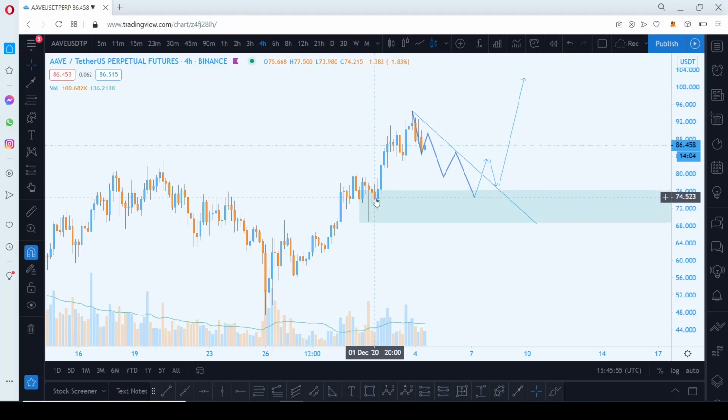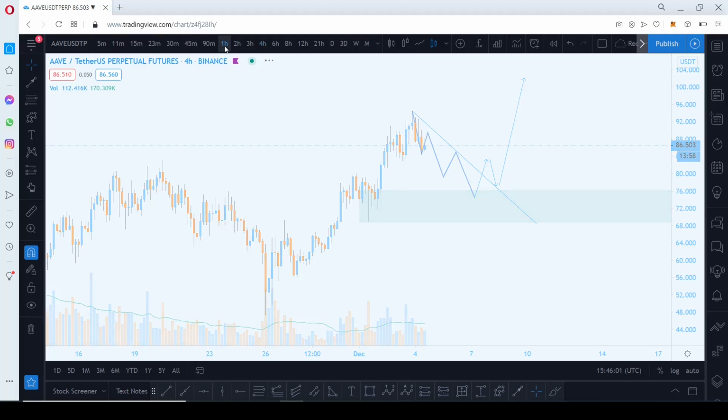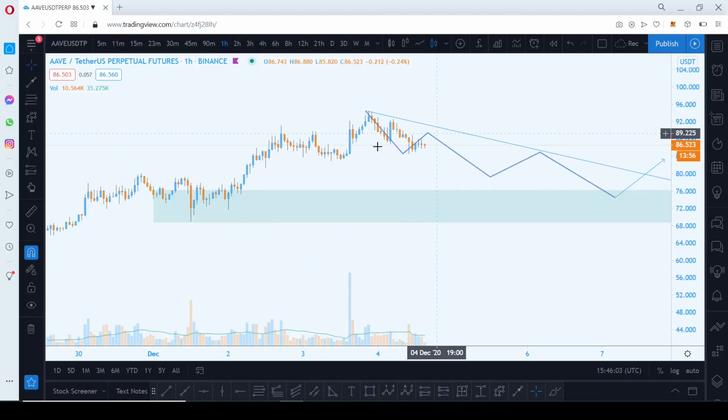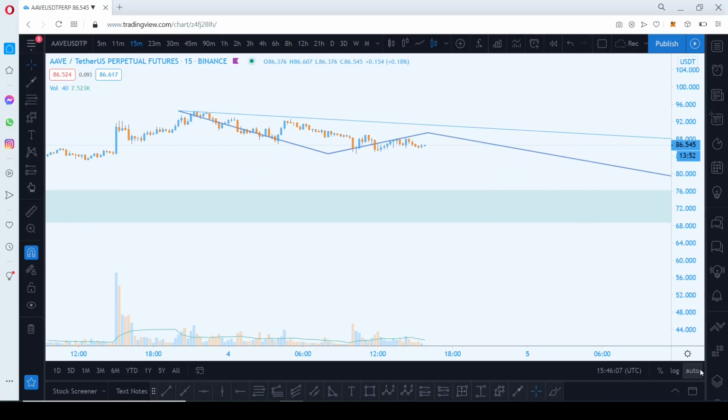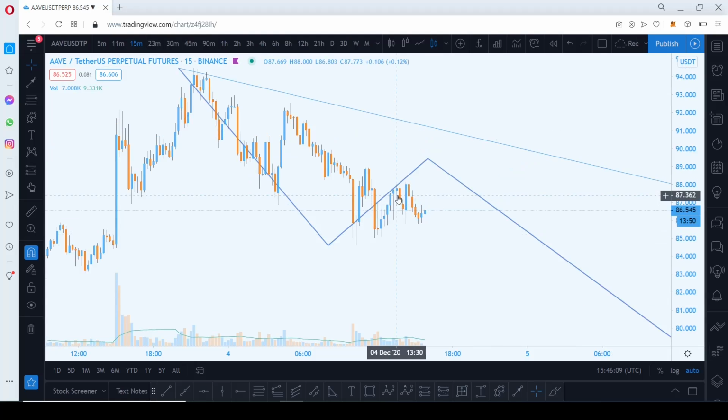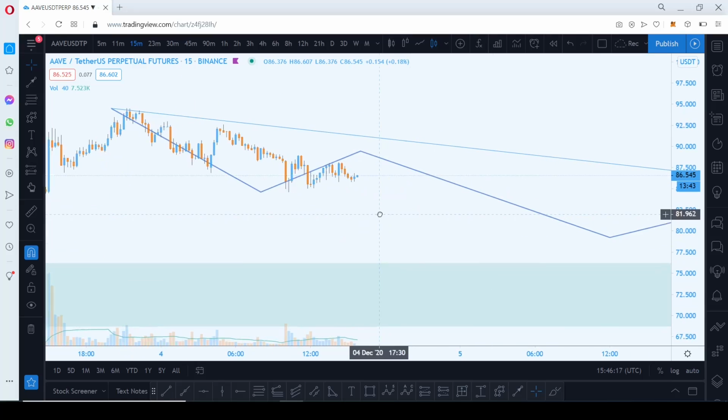Like I said, we do have a demand zone here. And then you go down to either 1 hour to find this same pattern, or even the 15 minutes to find this same pattern. You want to see the pattern reoccur. You want to see it coming down into the demand, and then breaking the trend line on the 15 minutes.